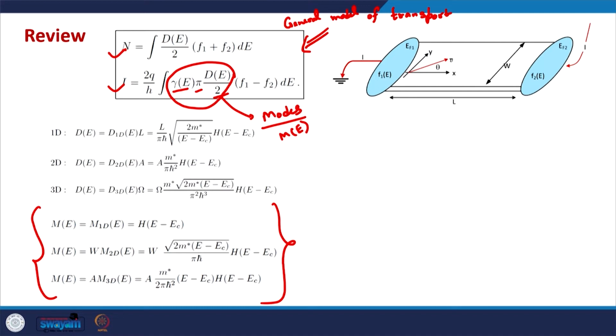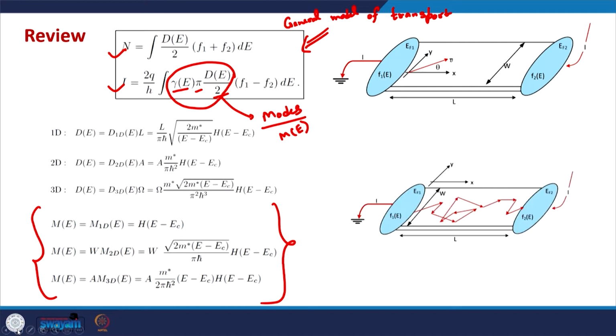Then we started our discussion of the diffusive transport. So this is the ballistic case. This figure is the ballistic case in which the electron starts from the source contact, from the left contact, and directly goes to the drain contact, to the right contact, without any collision in the middle.